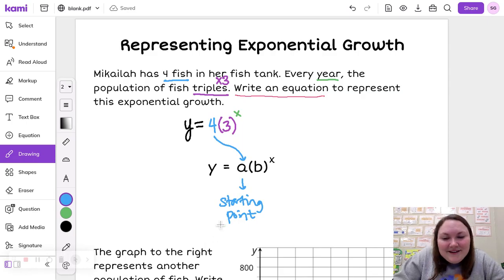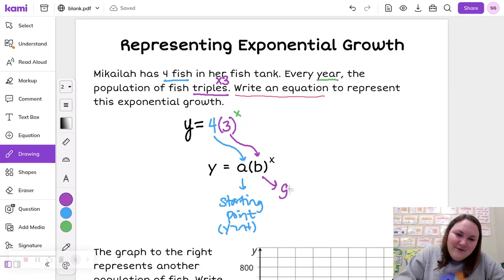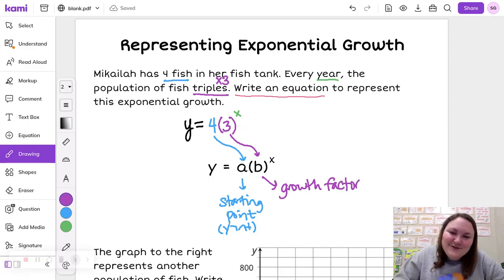You can think about it as like our y-intercept, but we start with 4 fish. And then this 3 right here in our exponential equation, that b, we have named our growth factor. And so that 3 tells us how our fish population is growing. It's multiplying by 3, it's tripling every single year.